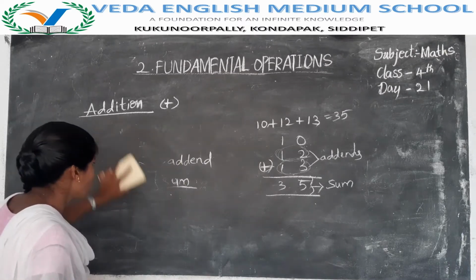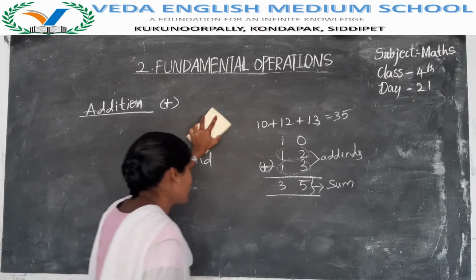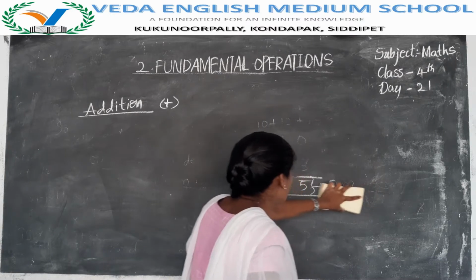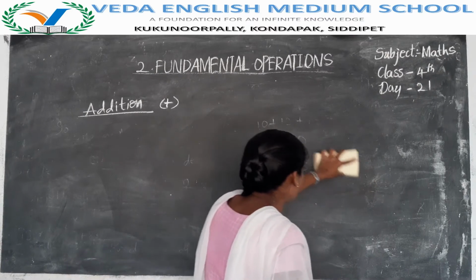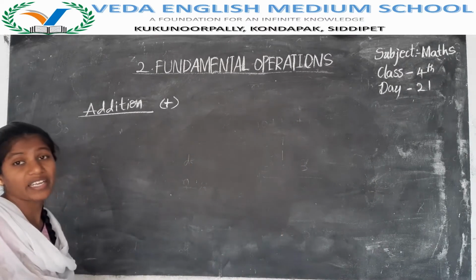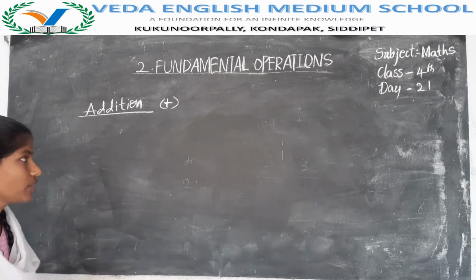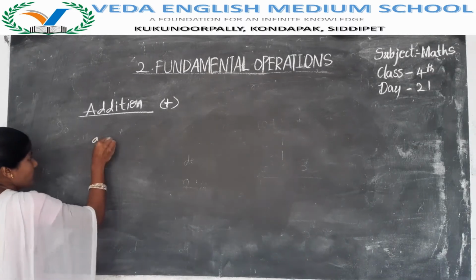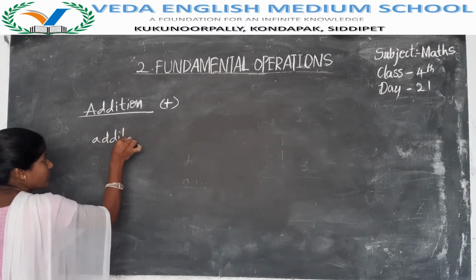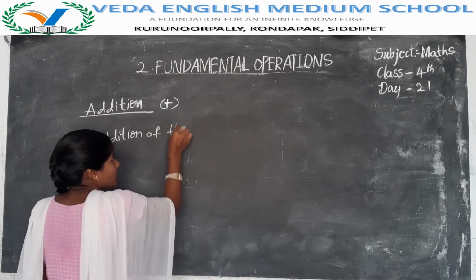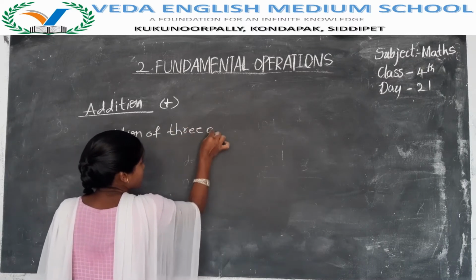Then how to add the numbers? How to add the 2-digit numbers? How to add the 3-digit numbers? How to add the numbers without regrouping? With regrouping means how to add the numbers with carry, without carry. Understand? First of all, once again we will recall about 3-digit numbers.